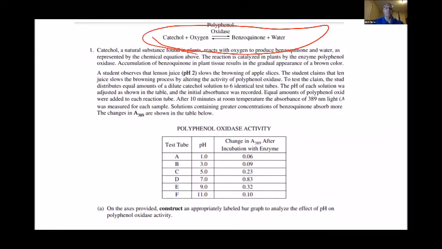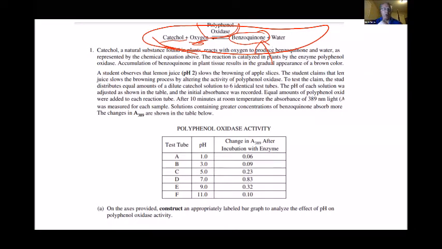So that equation. There's this substance that's in pretty much all plants called catechol. It reacts with oxygen with the help of an enzyme, polyphenol oxidase, and it makes this benzoquinone chemical. This chemical builds up in apples especially, and it's this chemical that makes them turn brown.